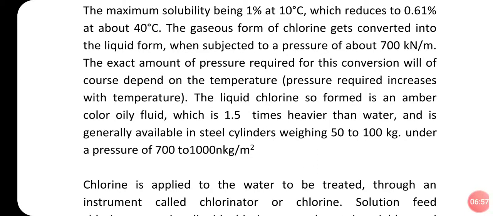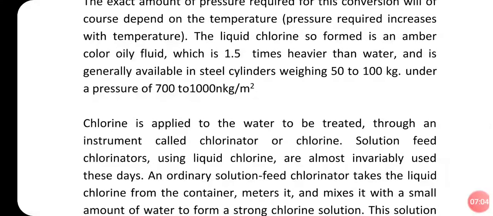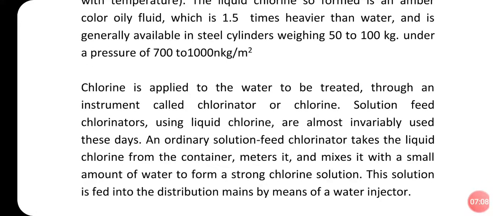So this gas is stored in liquid form in the cylinders, and chlorine is applied to the water to be treated through an instrument called a chlorinator. So there is a specific instrument which is made available in the water treatment plant. By using that instrument, the chlorine is applied to the water.